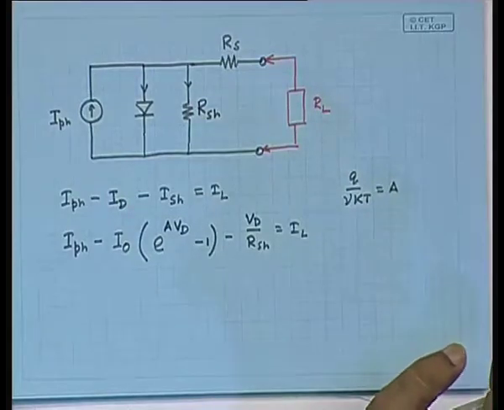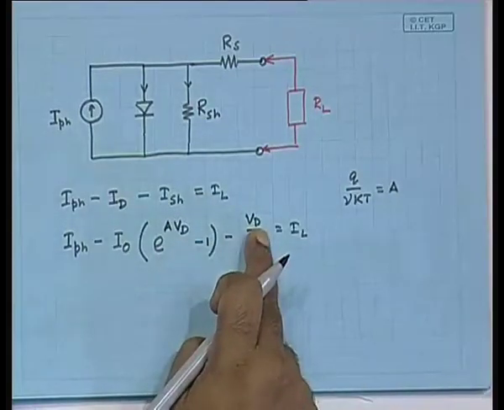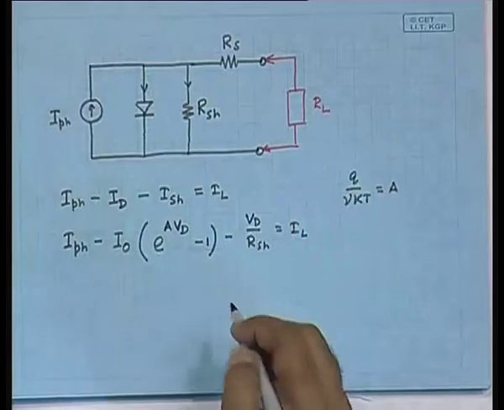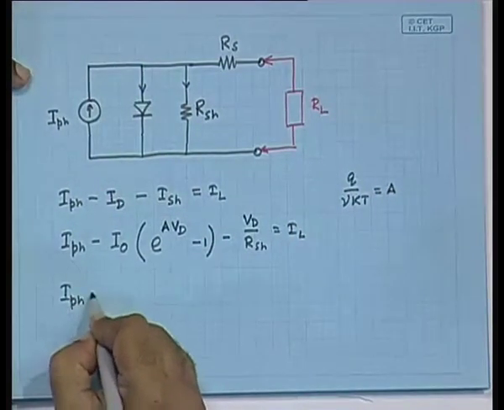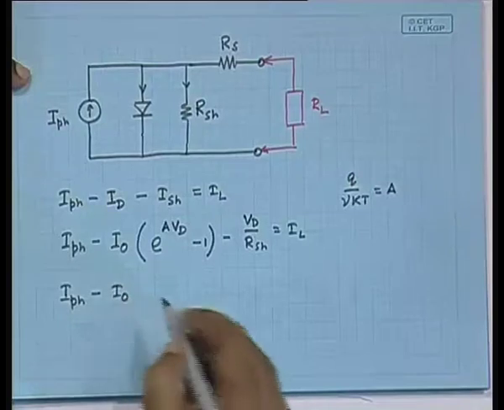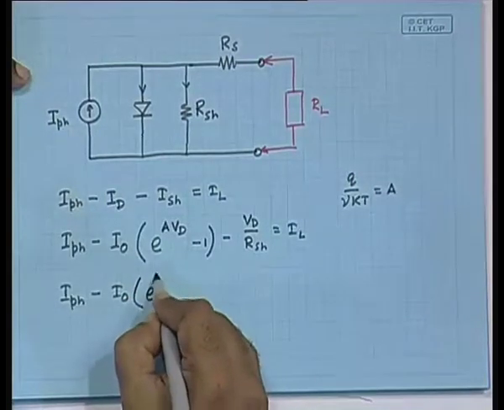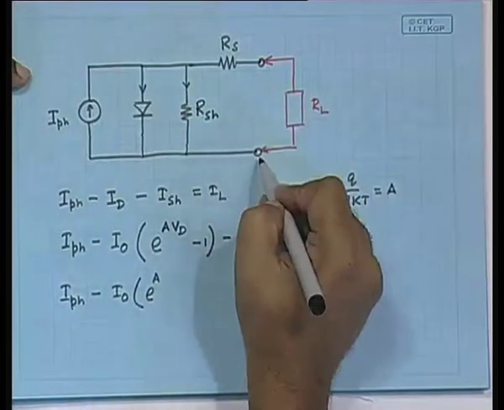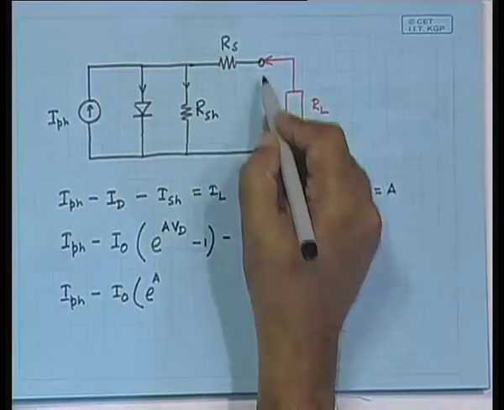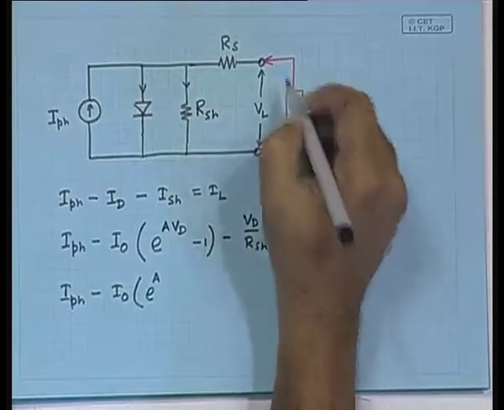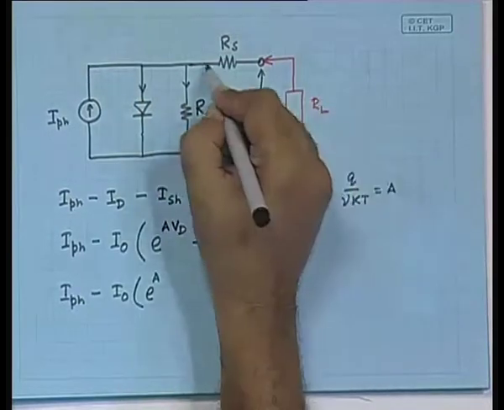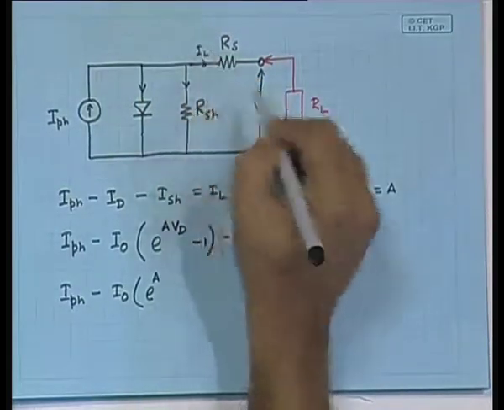Now, V_D, that is the internal thing. So, we have to find out what it is. We have to write I_PH minus I naught e to the power A. Now, V_D is V_L, that is something measurable, the load voltage. So, here is I_L, that is something going to the load.